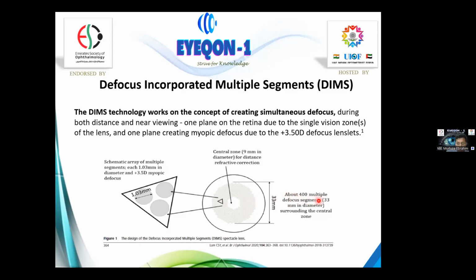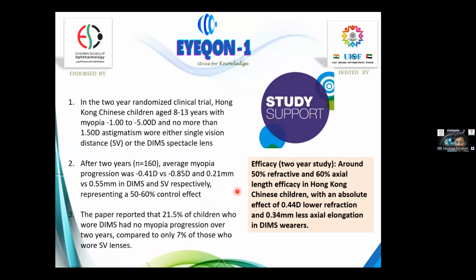In total, there are about 400 multiple defocus segments, spread across a diameter of 33 mm. So the center 9 mm is the clear zone, which carries the prescription, and the 33 mm treatment zone has about 400 defocus segments of plus 3.5, and the diameter of every lenslet is 1.03 mm. This is the basic anatomy of this lens.